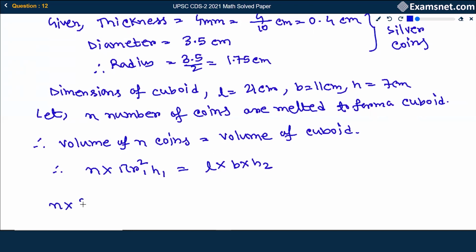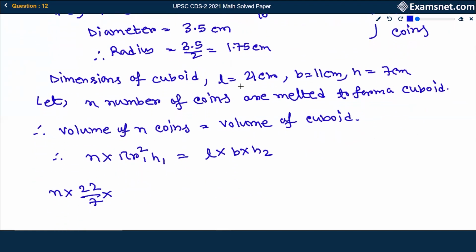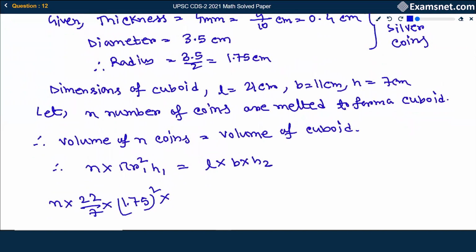So n multiplied by pi, r for the coin is 1.75 whole square, and thickness is the height, 0.4.